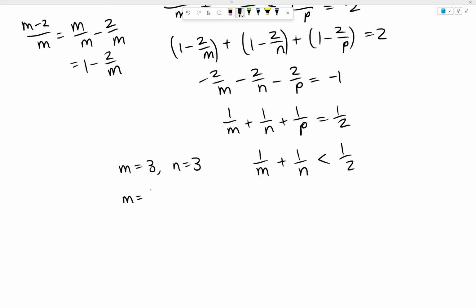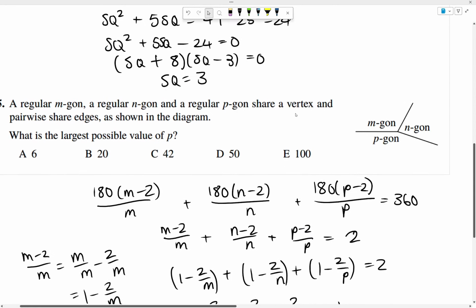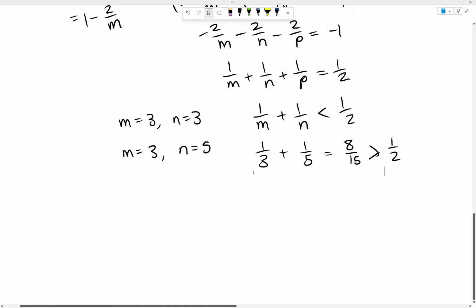I can't pick m is equal to 3 and n is equal to 5, because if I did, then I would get 1 over 3 plus 1 over 5, which is 8 over 15, which is greater than a half. Another way of doing it would be to just trial and error with the values of p. But if this doesn't lead anywhere, I'll try that.